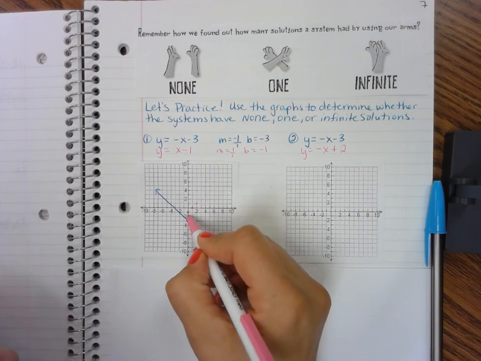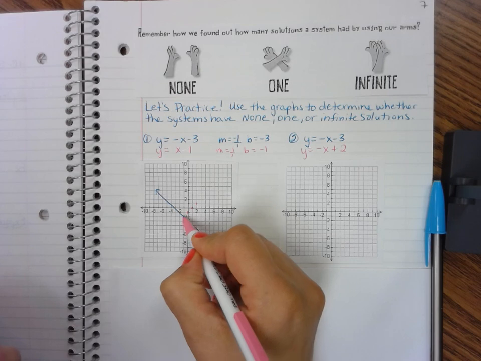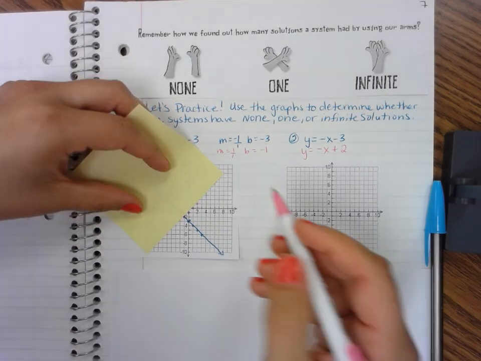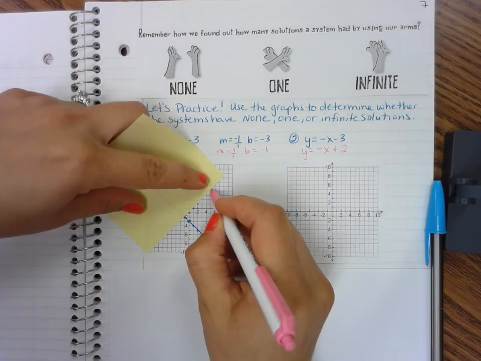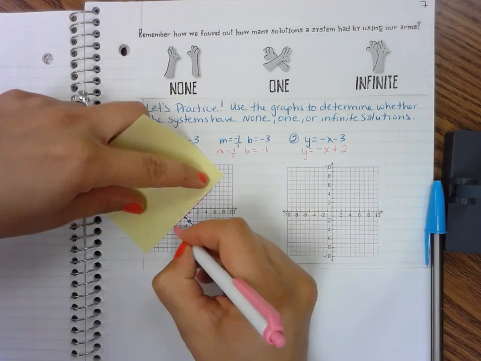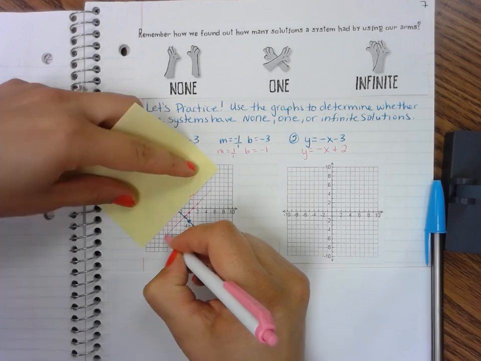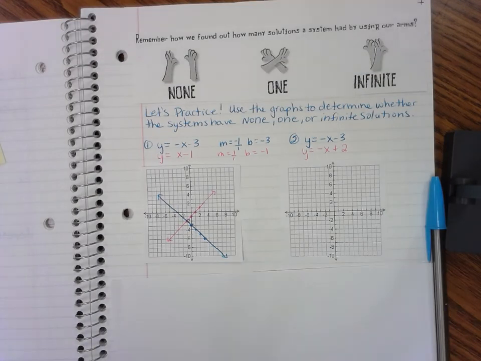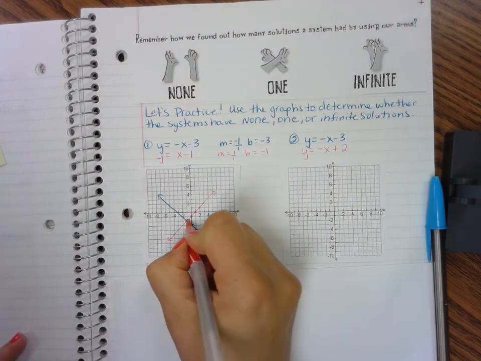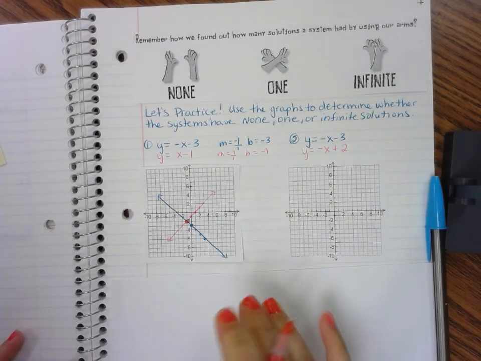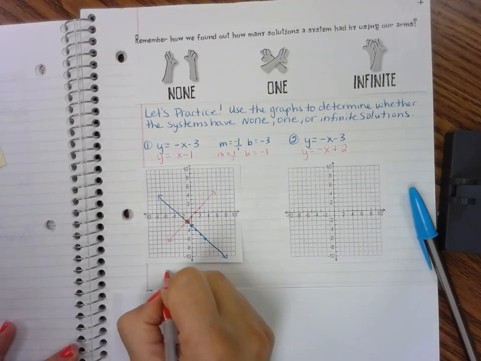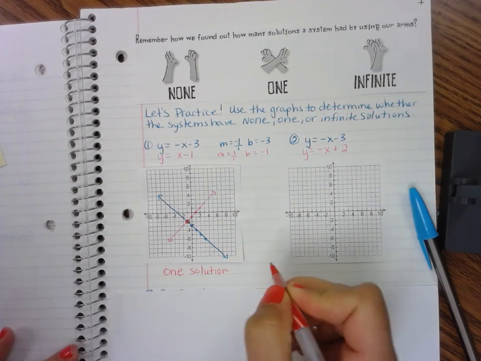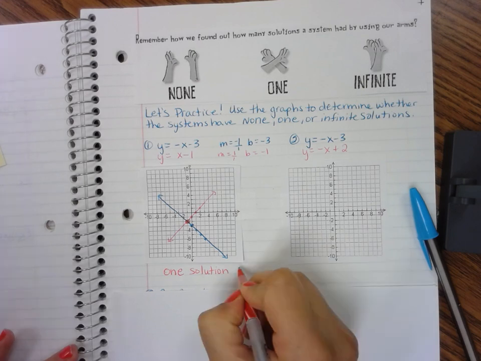And when I do that, notice that the pink line and the blue line now cross. They intersect at a point, which means this particular problem has one solution, and it is located at -1, -2.